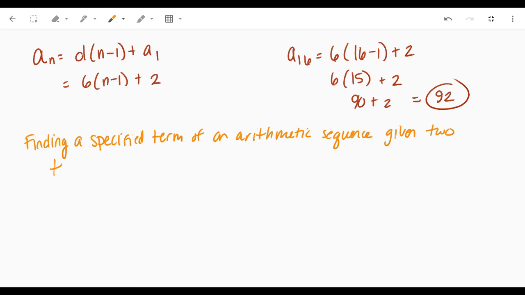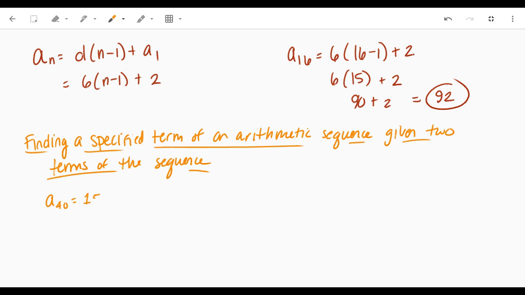Oh, I guess this one's a little trickier. Okay, so in this one, they tell you that the 40th term is 153, and that the 75th term is 258. Okay. So I guess it's a little bit more work.